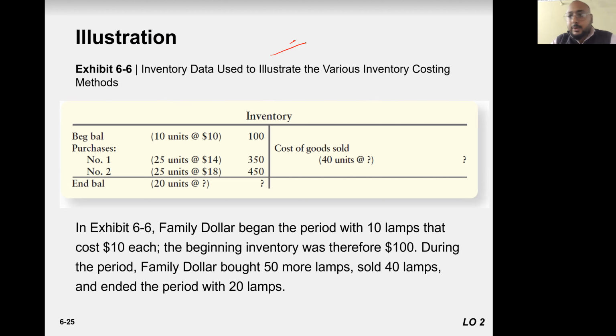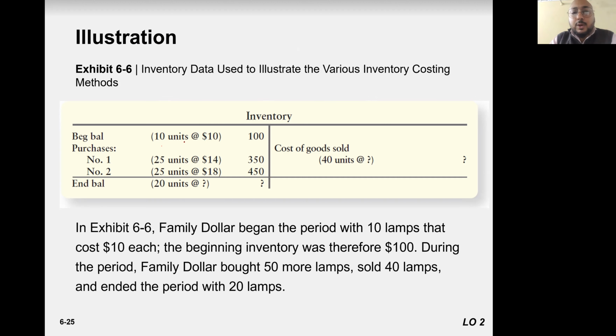So we have inventory. We have the balance of 10 units, purchased at $10. And then we purchase 25 items at 14 and 25 at 18. So it means there is inflation going on, right? Raw materials or things are getting costly here.